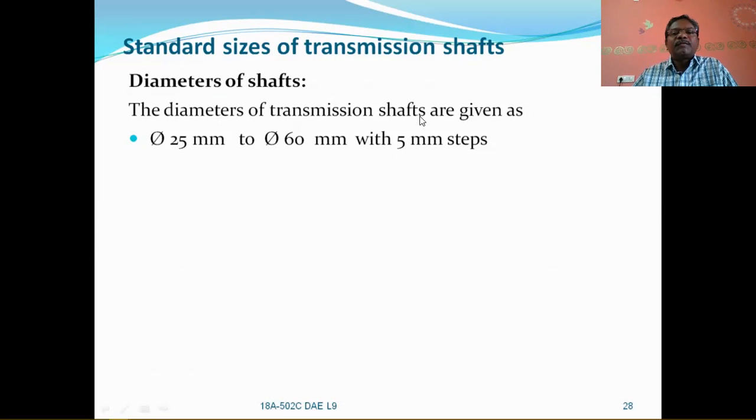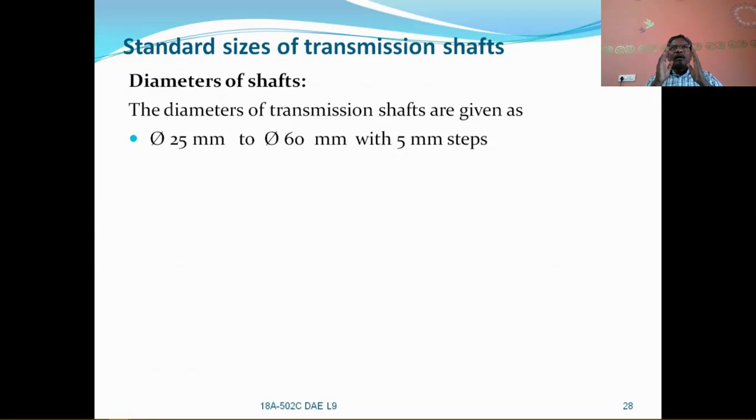Diameters of transmission shafts are given as follows. If the diameter of the shaft is 25 mm to 60 mm, it goes in 5 mm increment steps. That means 25, 30, 35, 40, 45, 50, 55, and then 60. Whenever you have calculated the shaft size, suppose it is 26.7, then you have to adopt a 30 mm shaft diameter.